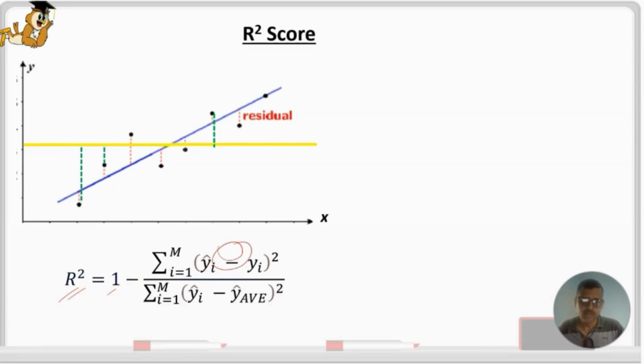In general, your numerator over here is going to be smaller than the denominator here. Why is that? Because you expect your linear regression model to come up with a hyperplane that passes as close as possible to these training points, definitely better than simply taking the average.